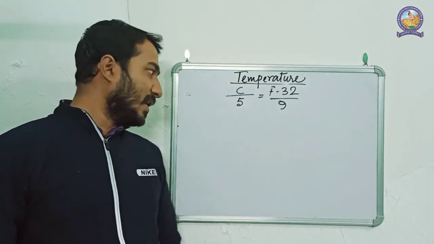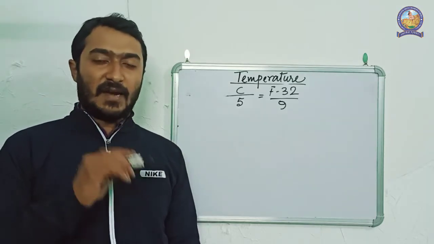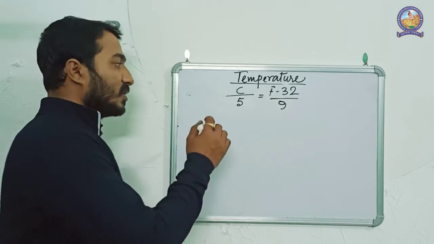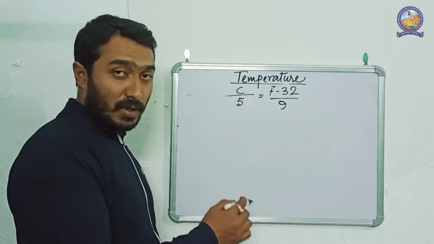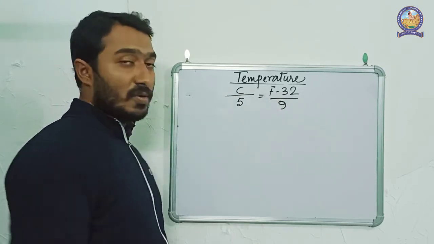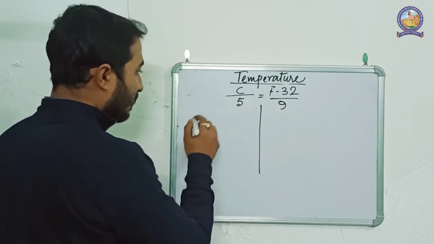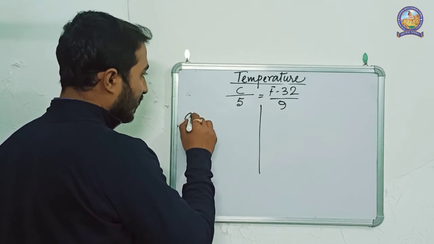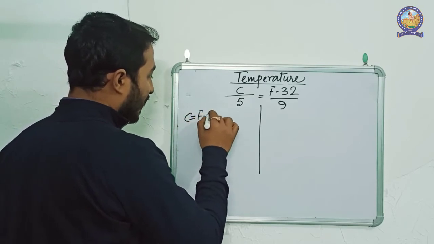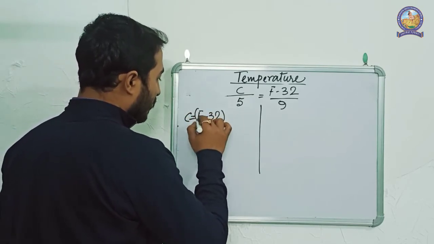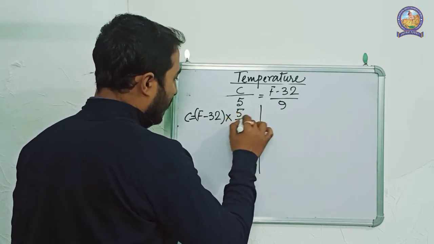The relationship between the Celsius scale and the Fahrenheit scale can be written using this formula: C by 5 equals F minus 32 by 9. From this formula we can derive two other formulas. C equals (F minus 32) multiplied by 5 by 9.